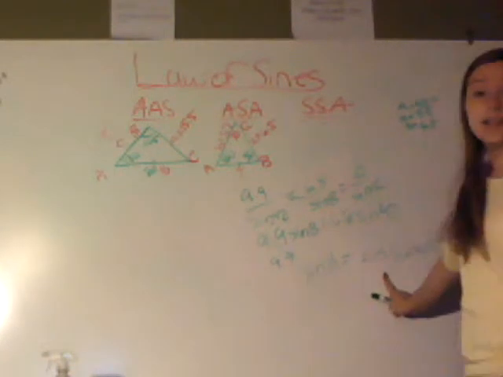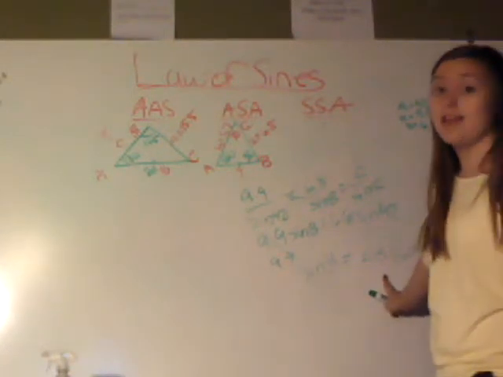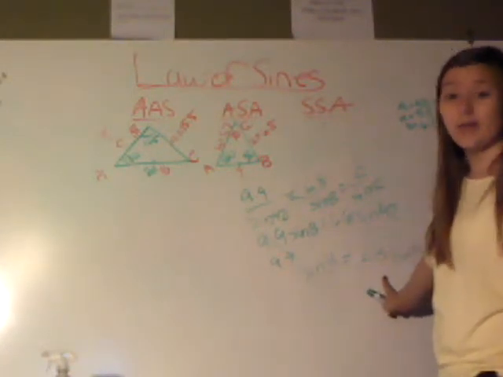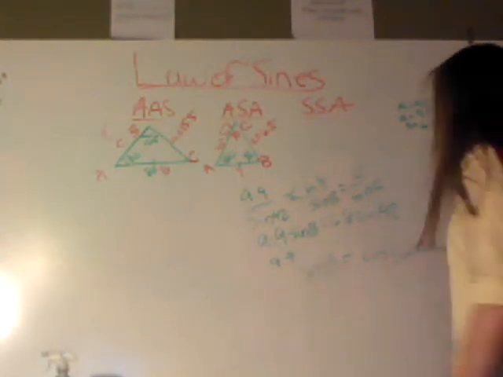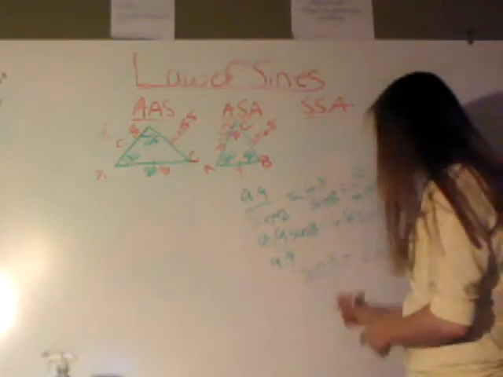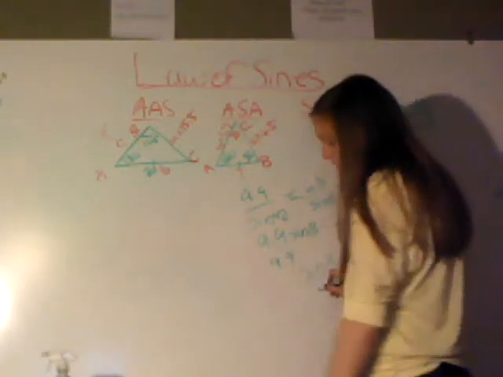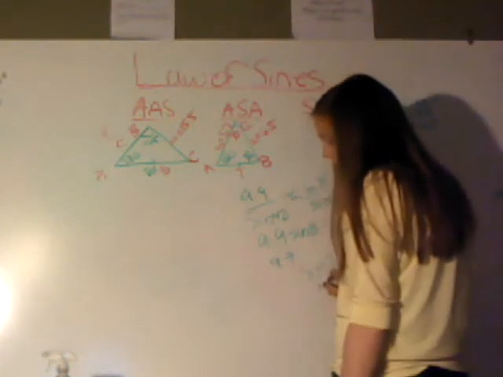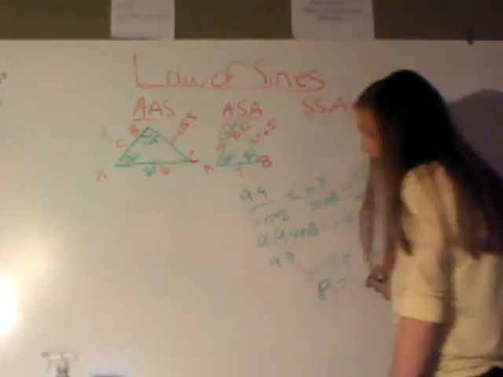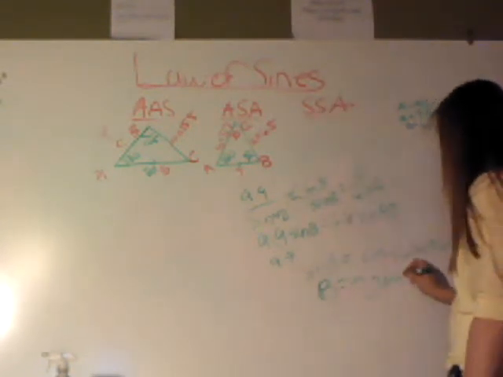Since this number is less than 1, we will get an actual angle. If it is above 1, there won't be any angle, which will mean there is no triangle. So that angle is going to be 27.4 degrees.